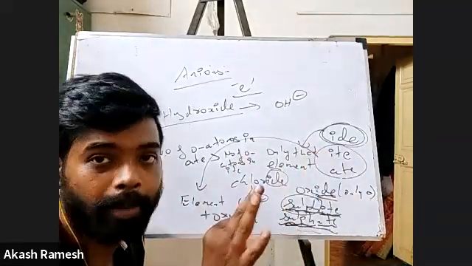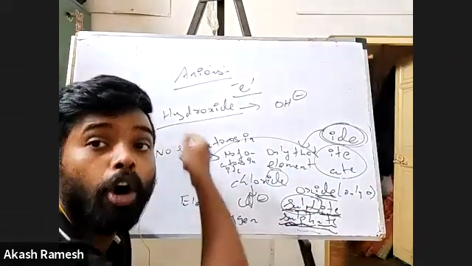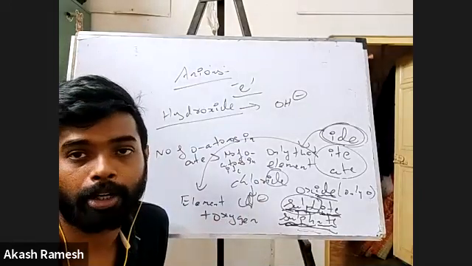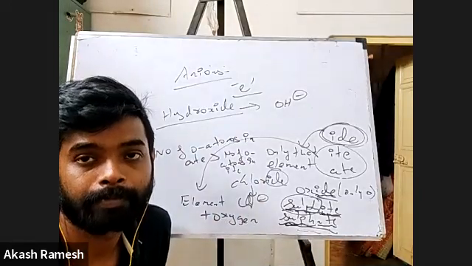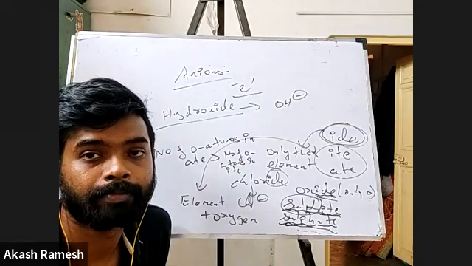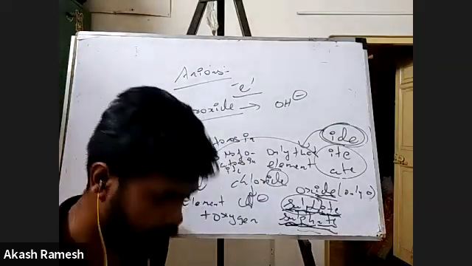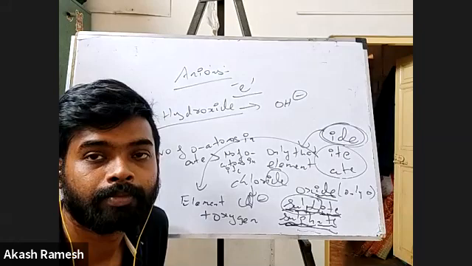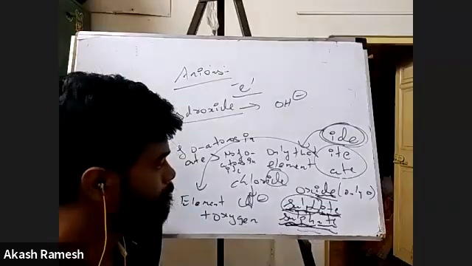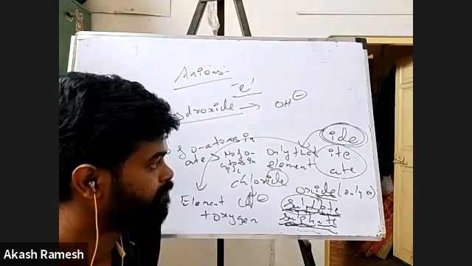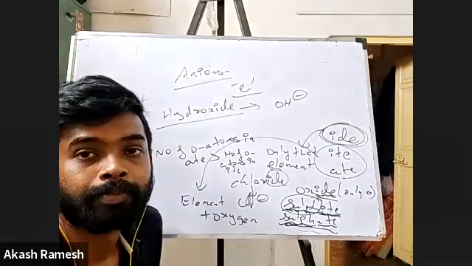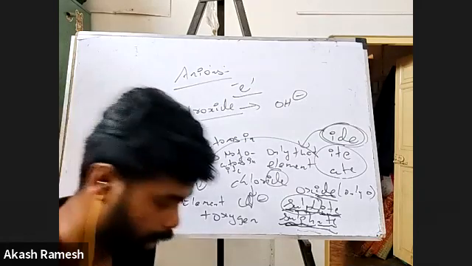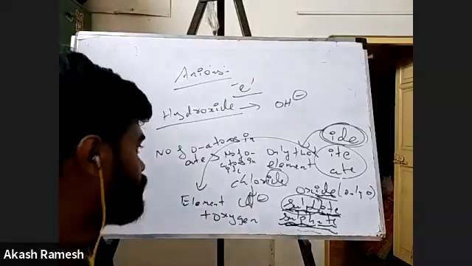And always remember that ATE will have more oxygen atoms than the ITE compounds. These three points alone you note. We'll see some examples now. Okay, right, fine. So let me give you some examples for this.